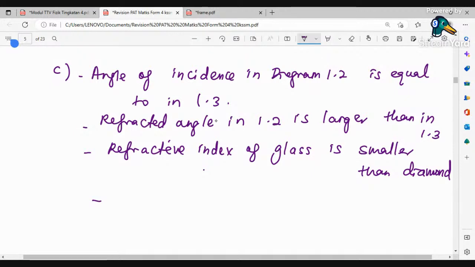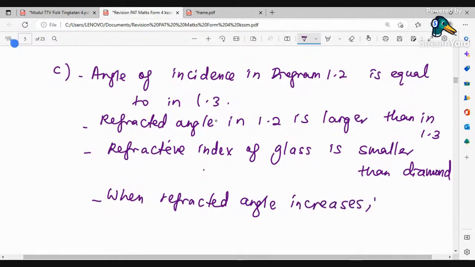Okay, so you boleh buat dia punya relationship, when refracted angle increases, refractive index decreases.